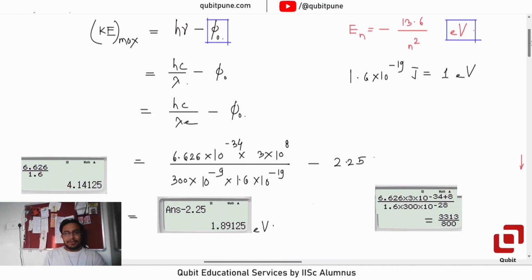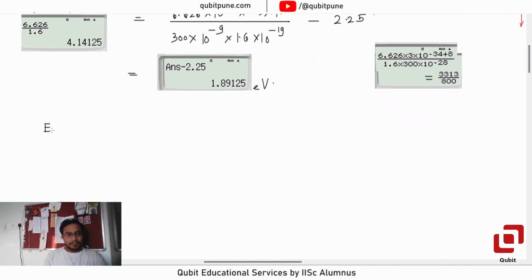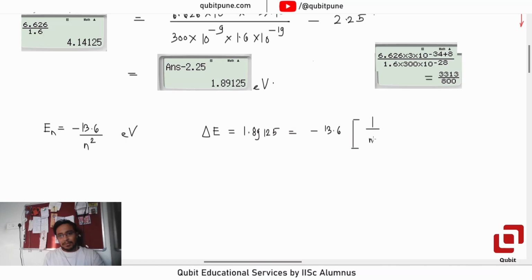En is equal to negative 13.6 upon n square. Now look, let's call it delta E, that is 1.89125, and that is negative 13.6 into 1 upon n squared minus 1 upon m squared.